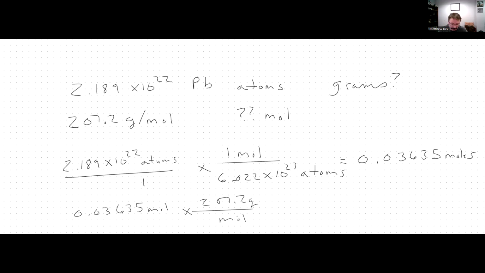Moles cancel. And we get our mass, 7.53 grams. And again, we know 1 entire mole is 207, and we have something less than a mole, or really less than 1/10 of a mole. We know it should be somewhere probably under 20 grams. And it is. It looks correct there.